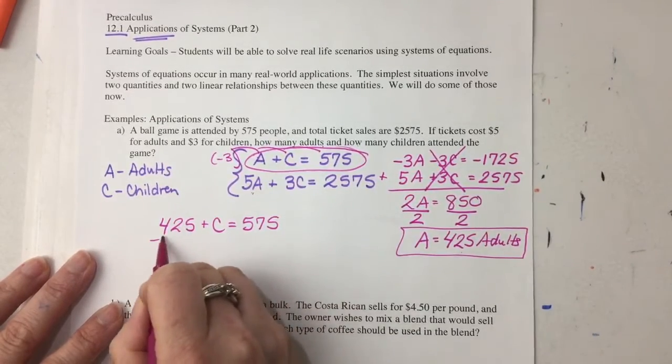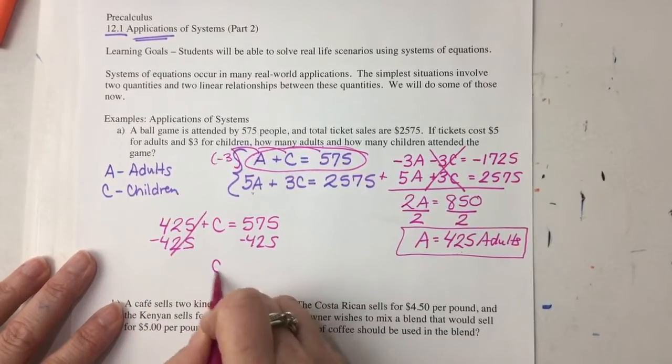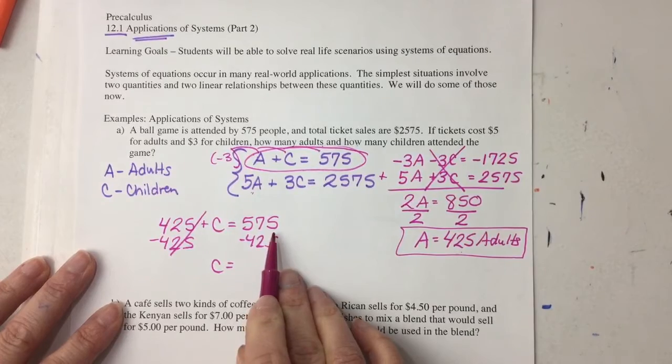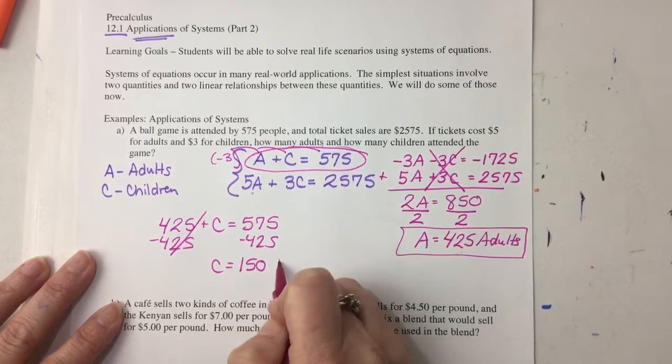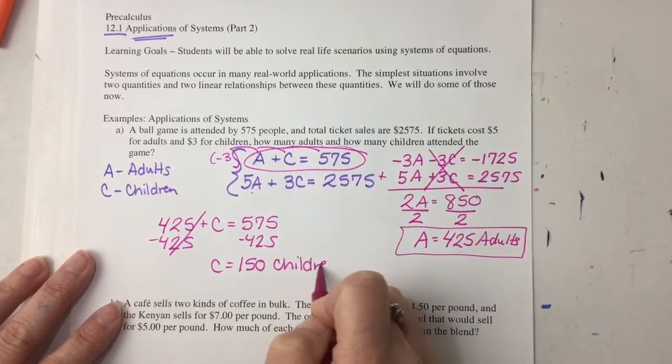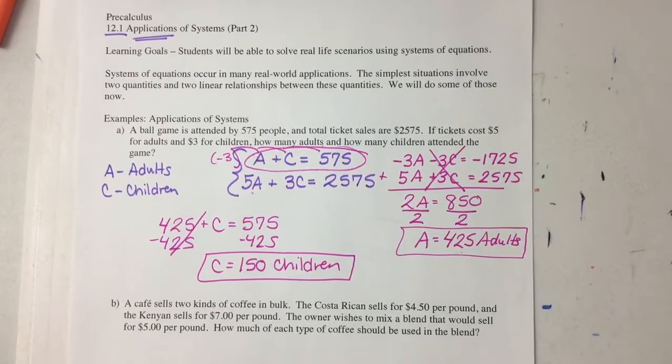To solve for C, you'll have to subtract 425 from the other side. 575 minus 425 leaves us with 150 children. So there is a real-life example of when you could create a system of equations.